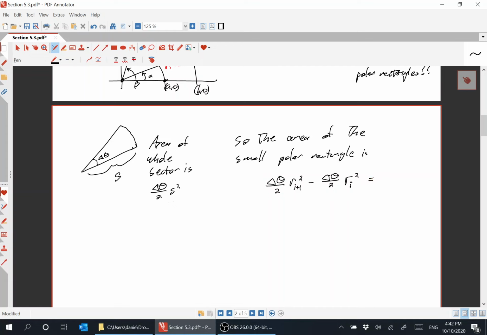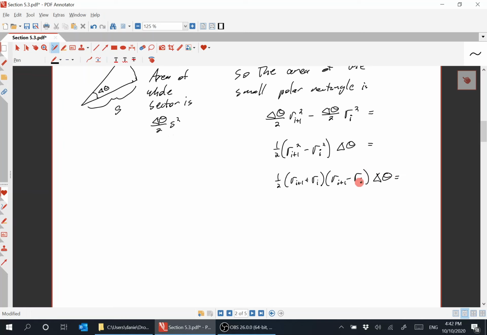We can factor out the delta theta. So it's 1/2 (R_{i+1} squared minus R_i squared) delta theta, which is 1/2 (R_{i+1} plus R_i) times (R_{i+1} minus R_i) delta theta.